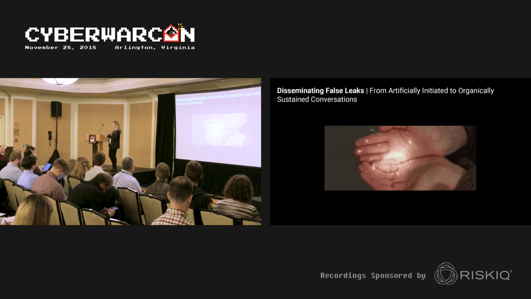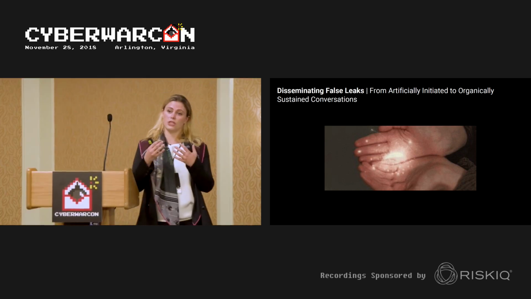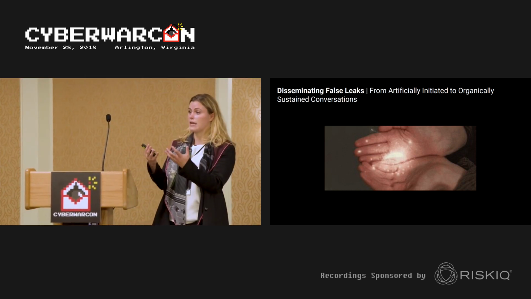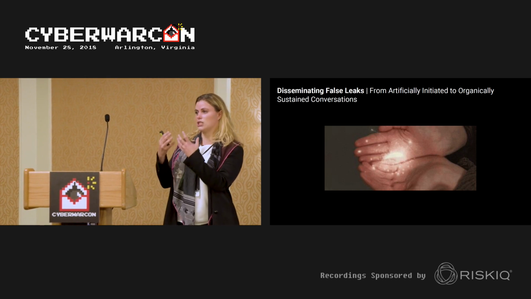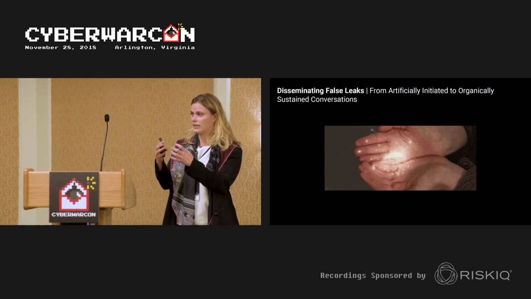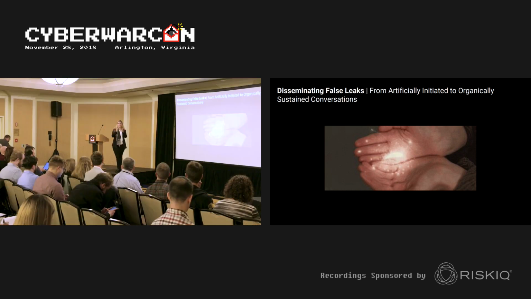And this is what gets complicated and fascinating about false leaks, because often the material is legitimately interesting, and so a conversation that starts as being inorganic and manufactured ends up being a true political, legitimate conversation online.